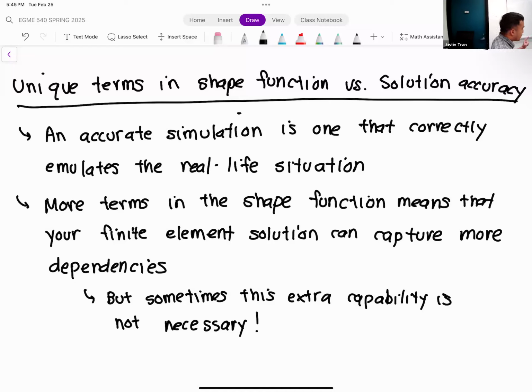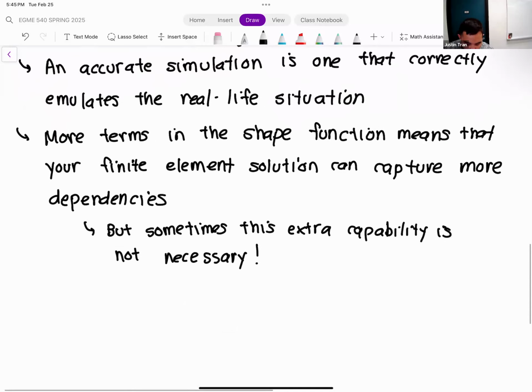All right, so there's a very simple example that we can draw with this. It's very similar to activity 1. Let's say that we had a very simple plate, a two-dimensional object. And we're going to subject this plate to a simple tensile force.